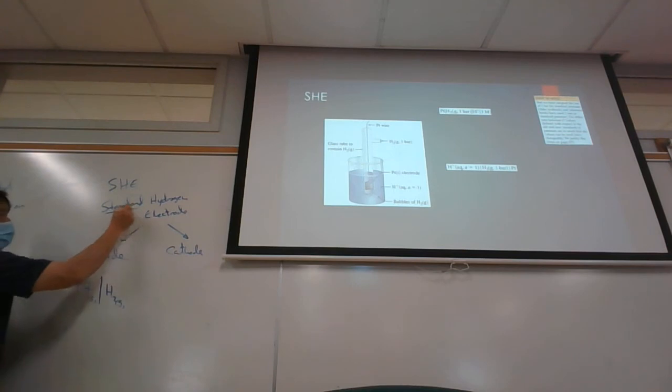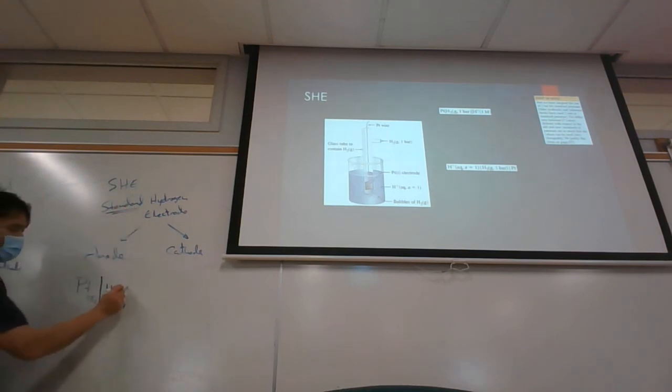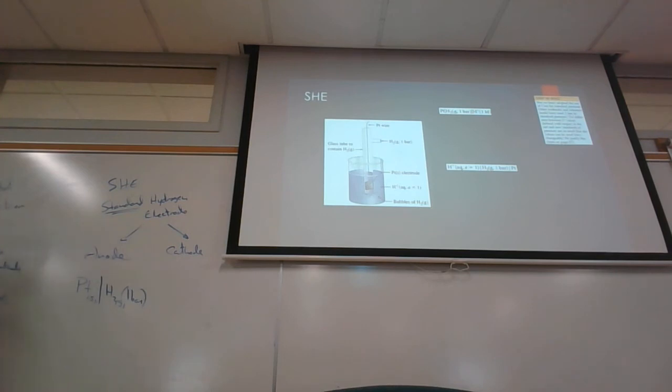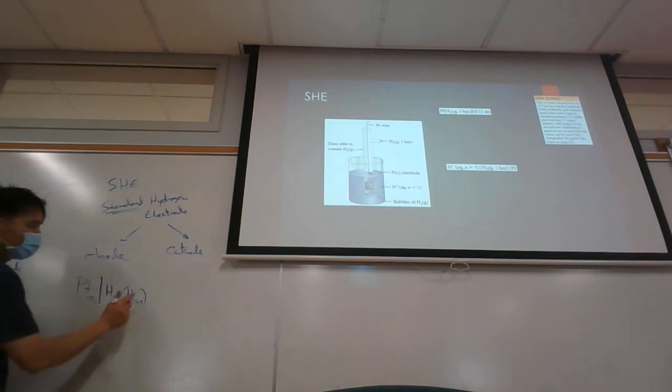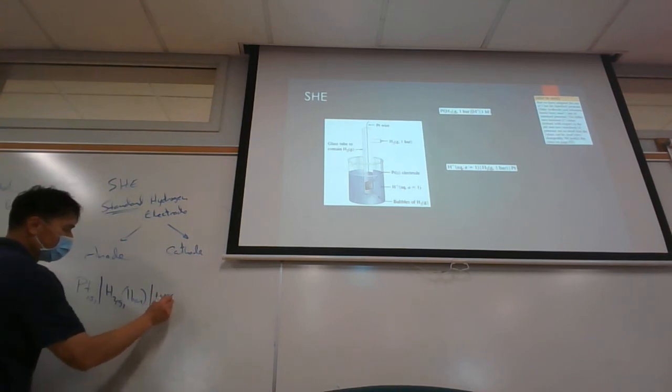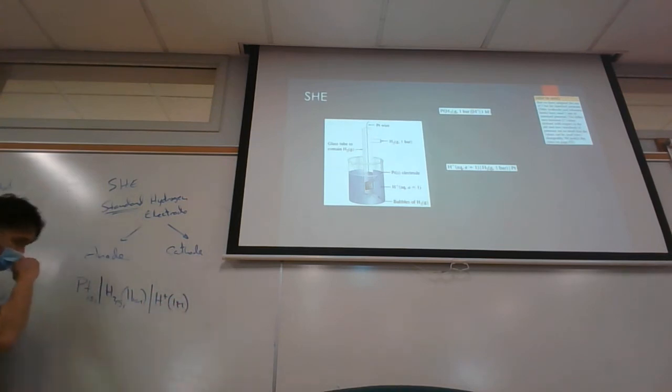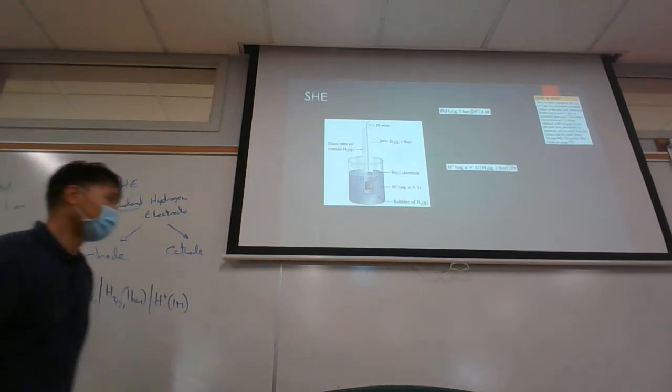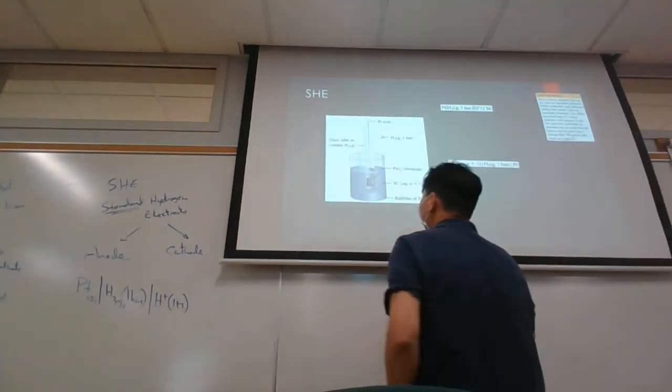Now, if this is standard, then we need the hydrogen gas at a pressure of 1 bar. That would be standard. And then that hydrogen gas, when it's oxidized, is going to produce H+, and this will be aqueous of 1 molar. And so this would be the anode, the SHE anode.